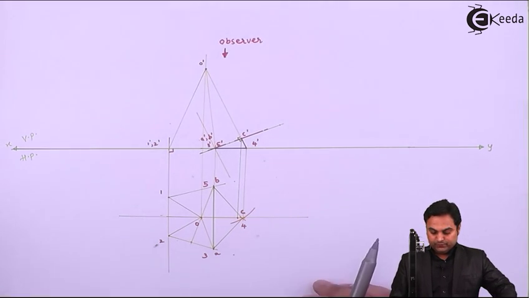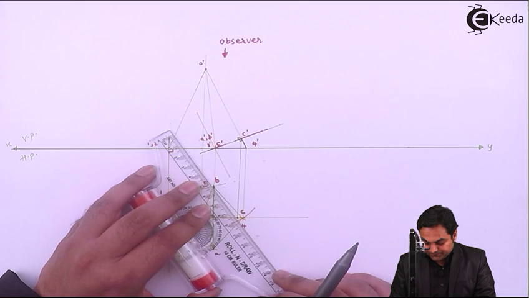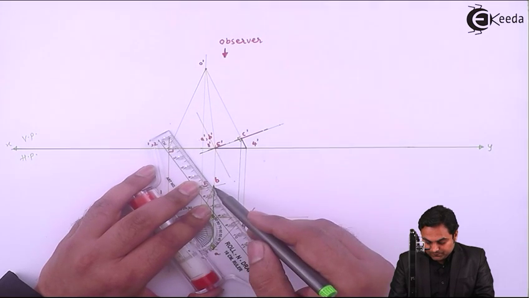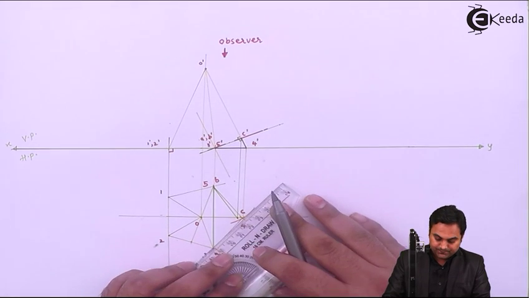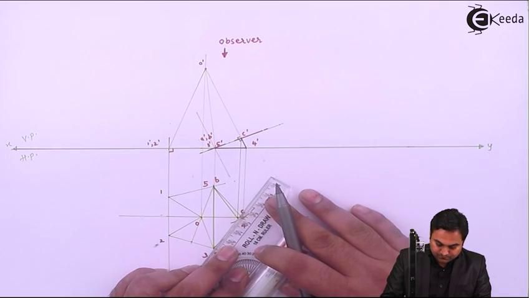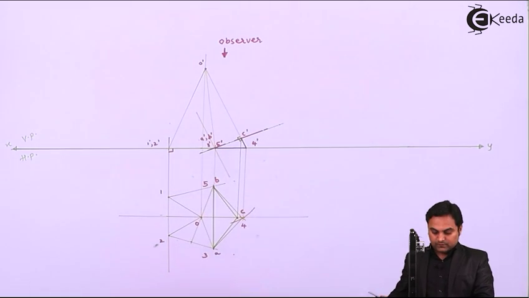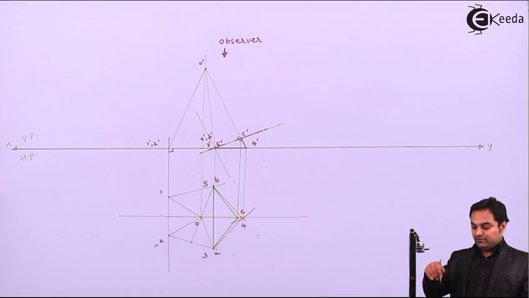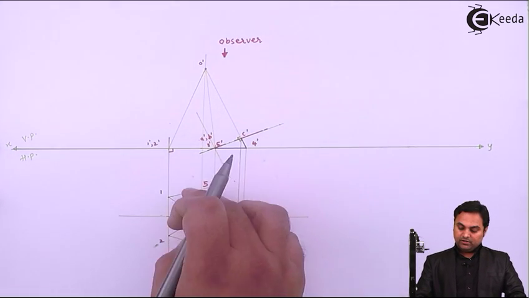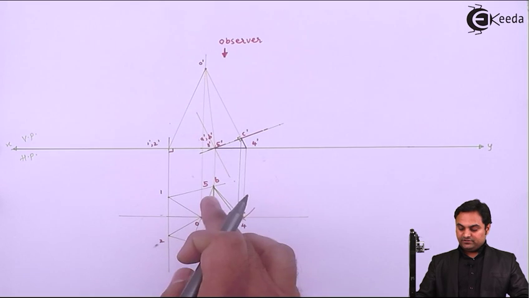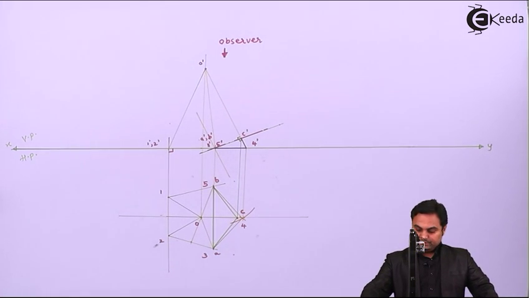So joining it with the help of a light line from B to C, and from A to C, so this is the triangle which will be visible from the top, and the remaining this much portion will be dark. Whatever is there on the left hand side of this line, that has been removed. So I'll make it dark.